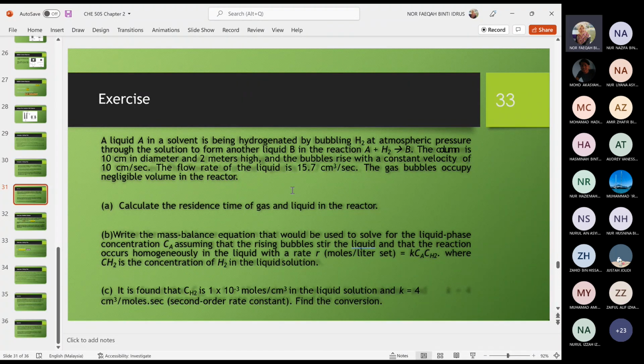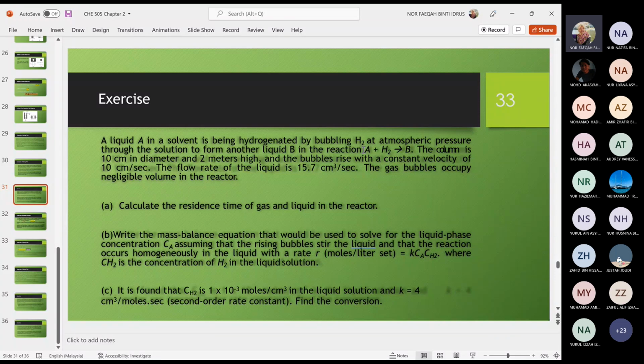The flow rate of the liquid is 15.7 centimeter cube per second. The gas bubbles occupy negligible volume in the reactor.